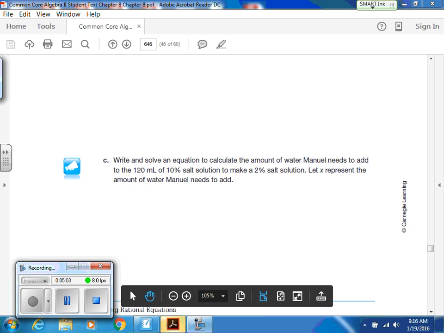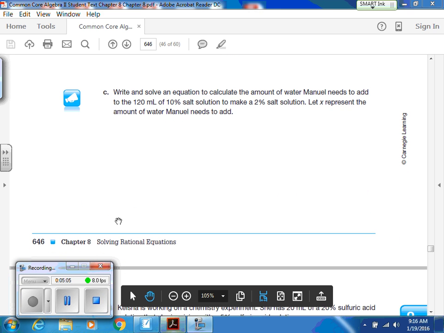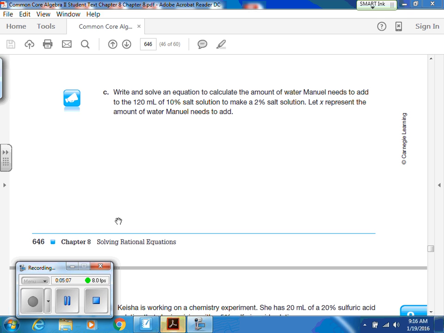We're going to write and solve an equation to calculate the amount of water Manuel needs to add to the 120 milliliters of 10% salt solution to make a 2% salt solution. We're going to let x represent the amount of water that he needs. Okay, so he has 12, right, out of 120. Do we know how much to add?